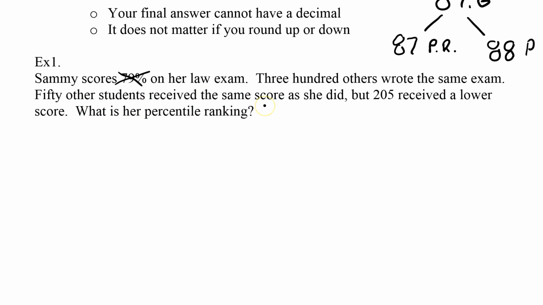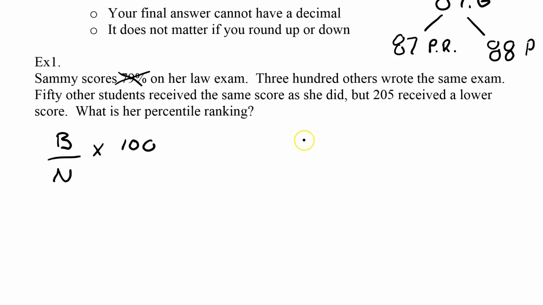So the first thing I do is write down my formula. Below divided by total times 100. So let's see if I can go to my question and pick out my two numbers, scores below and total. So it says here that 300 others wrote the exam.